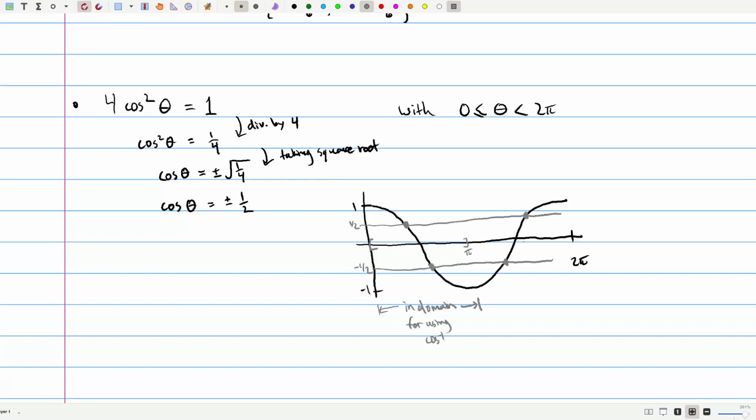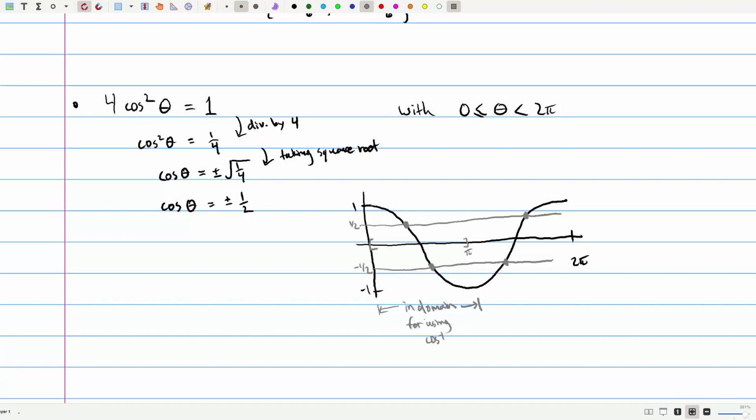For these other 2, we're going to have to use some tricks to figure out what those would be. But we can use the symmetry here, which is that if we do 2 pi minus each of these solutions, we get the other of them.